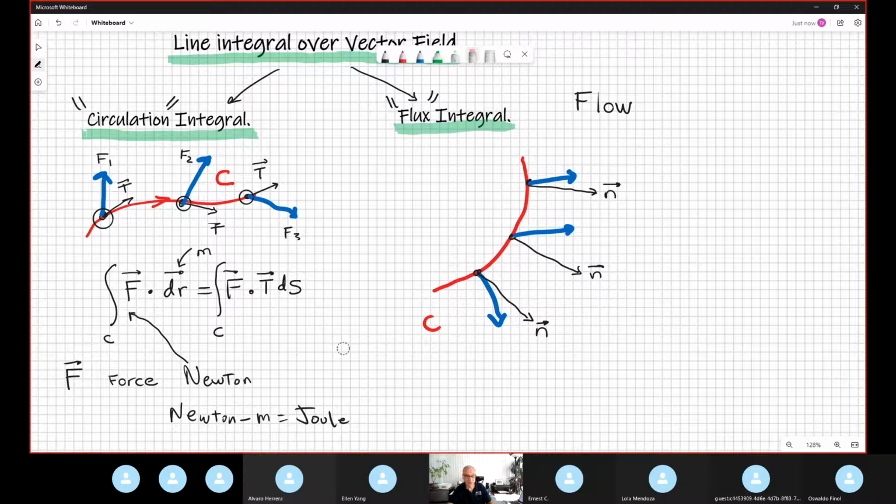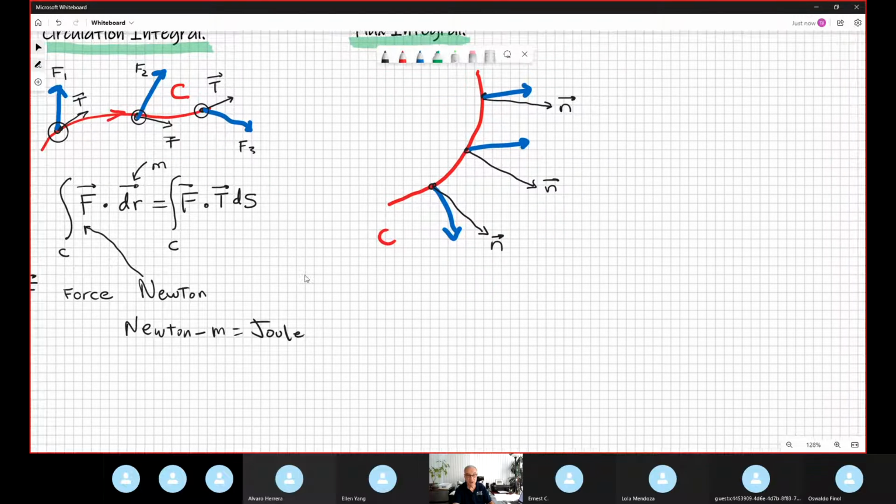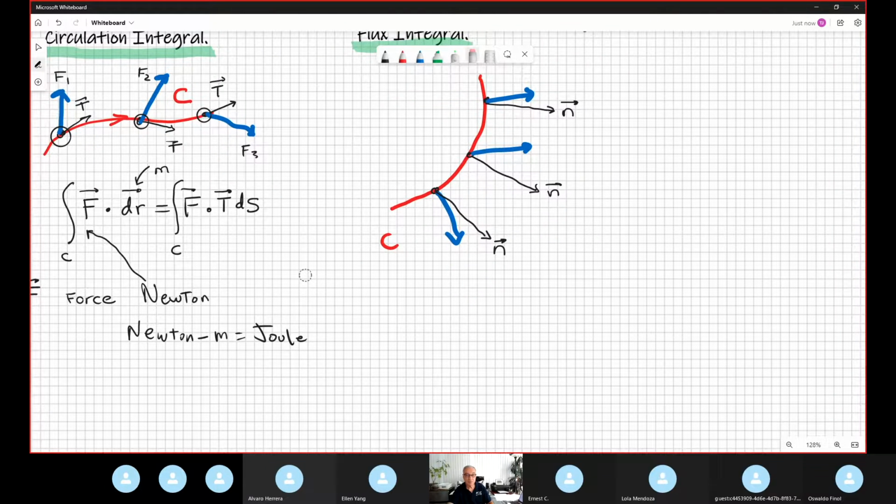Now, with a similar idea, we apply at any point the dot product between the vector field F and the normal vector, n ds. Not multiplication, dot product. There is no specific name for this.